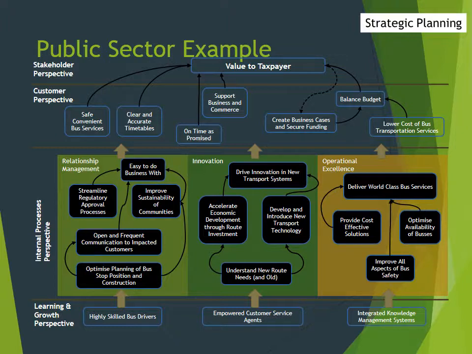And what does the customer, remember that's the taxpayer, expect of us? We want a safe, convenient bus service. We want clear and accurate timetables. We want to be on time with our bus service. We want to support businesses' commerce by putting our buses where they need to be. And then from a financial perspective, we've got to balance the budget, we've got to secure funding, and we want lower cost on our bus service.